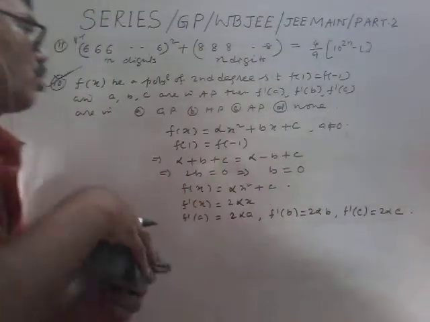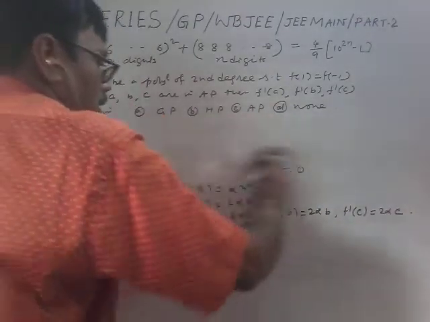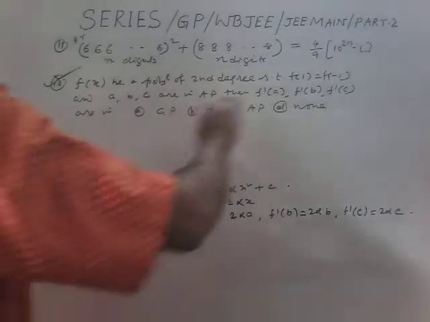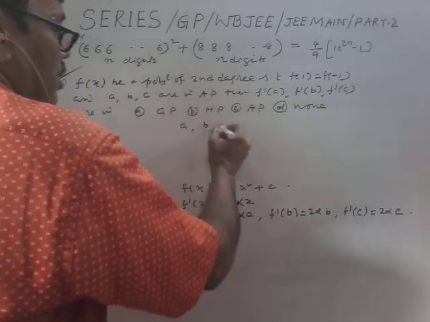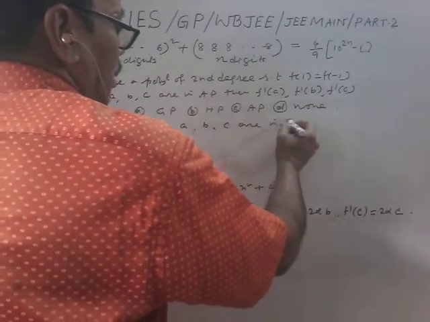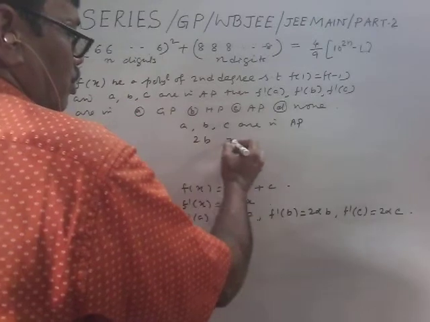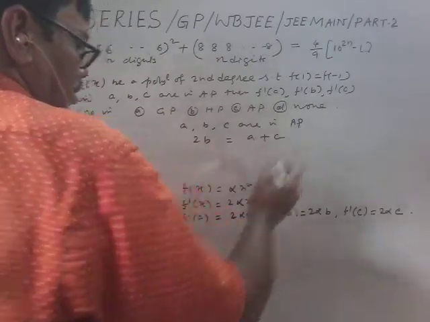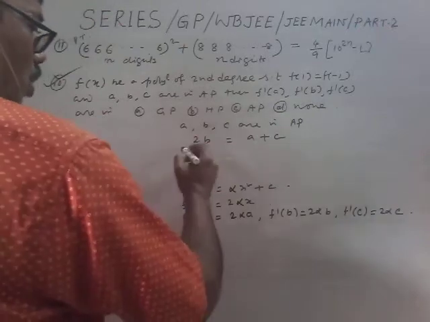Now one more condition is given. What is the condition? a, b, c are in AP. So 2b equals a plus c. So we are multiplying both sides by 2 alpha.